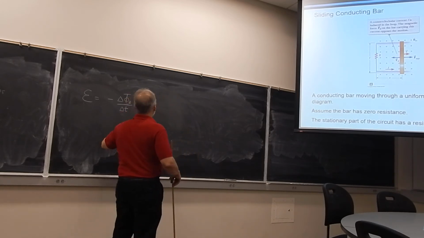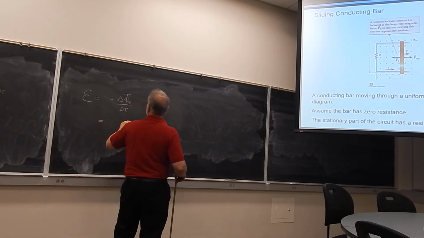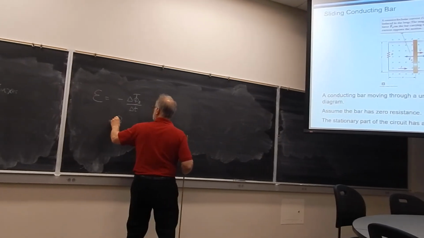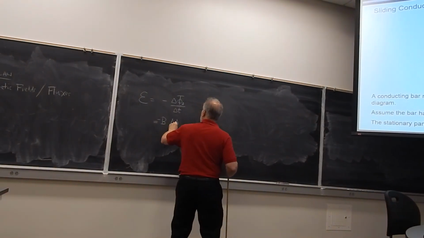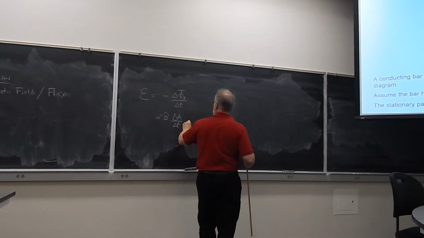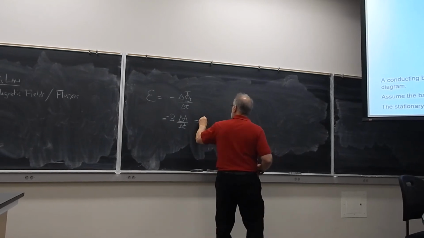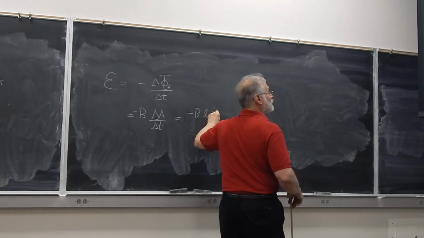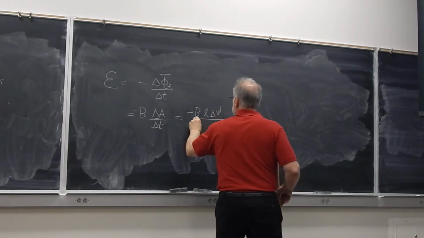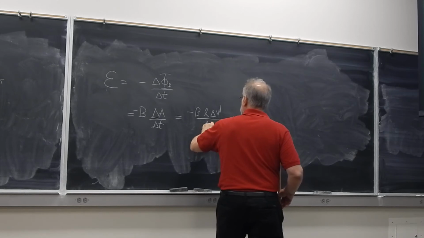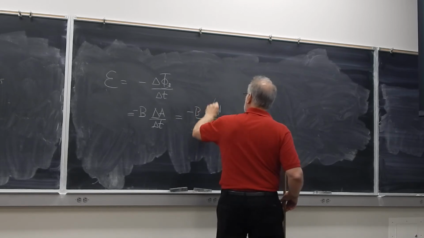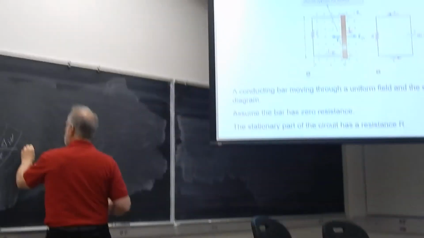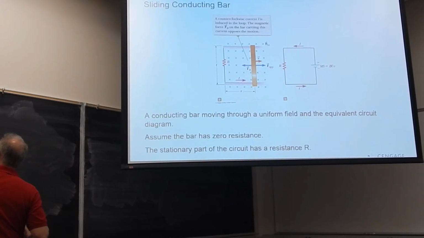The field is constant, but the area is changing, so that would be the magnetic field times the change in area with respect to time. That's equal to minus B times the length times the change in width divided by change in time. My change in width divided by time is just the velocity at which that bar is moving to the right. And so that's going to be minus B times L times v.